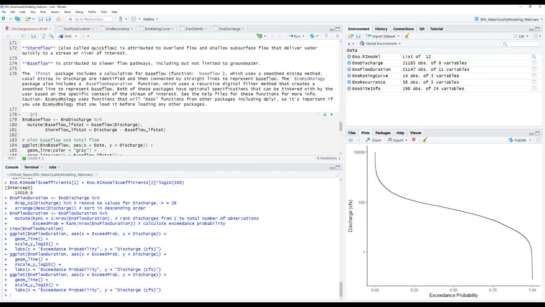That way you can use the functions for your other packages, like the dplyr filter or the dplyr pipe function, and some other functions that ecohydrology masks. So you can use ecohydrology with other packages, but I'd recommend loading it first and then loading your other packages next, rather than loading ecohydrology last or after other packages.